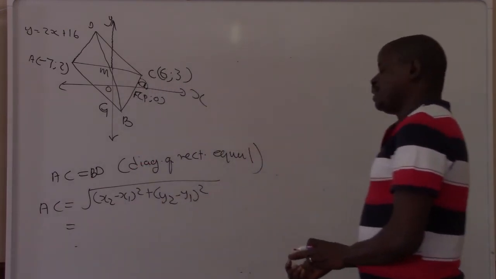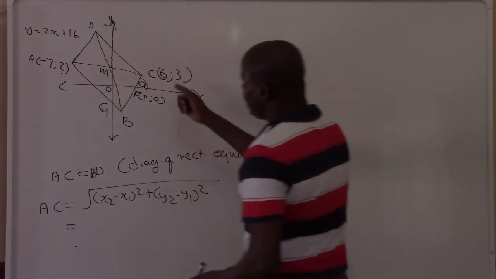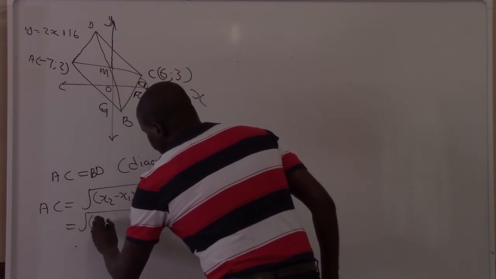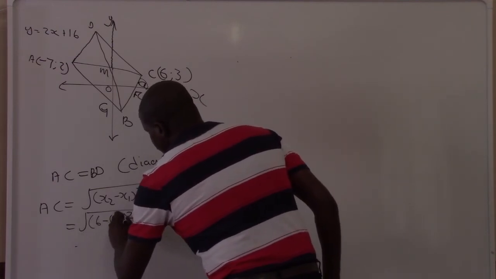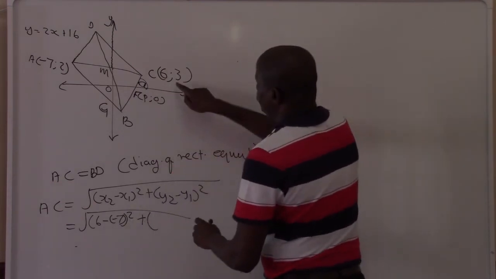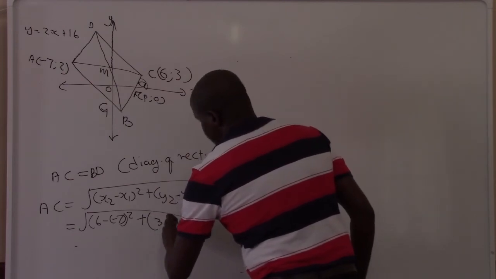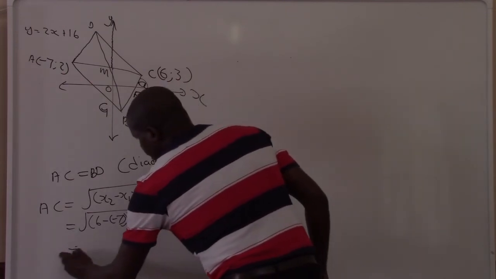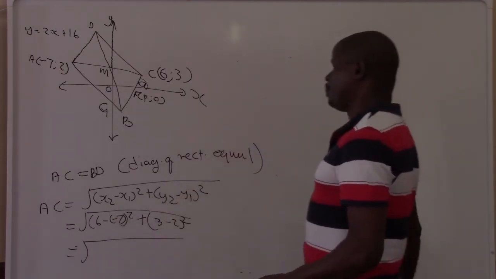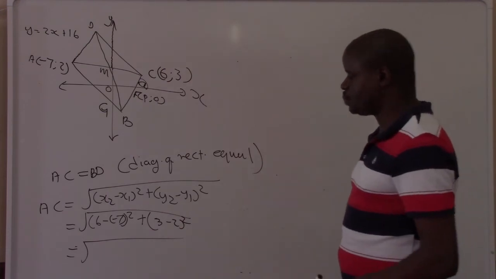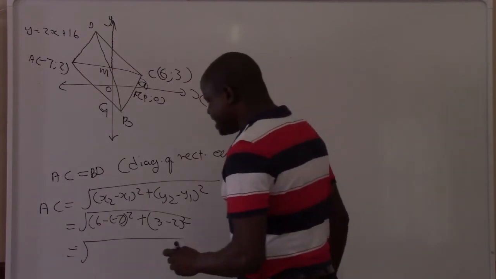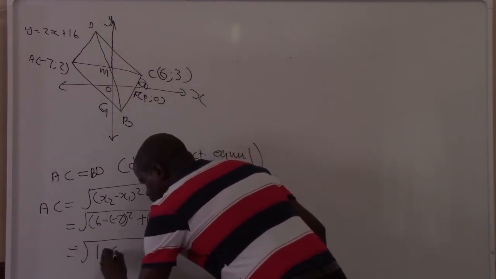Then we have 6 minus negative 7 squared, plus 3 minus 2 squared. This is going to be positive, 6 plus 7, which is equal to 13, and 13 squared is 169.